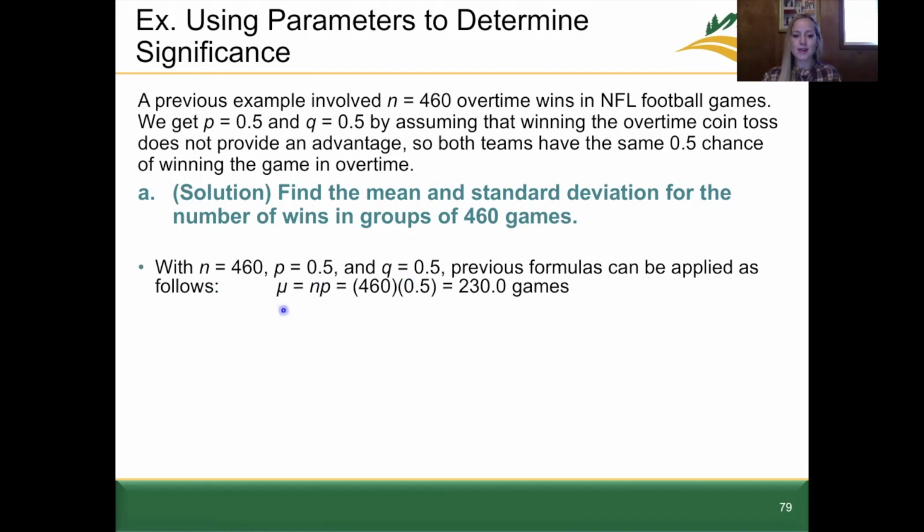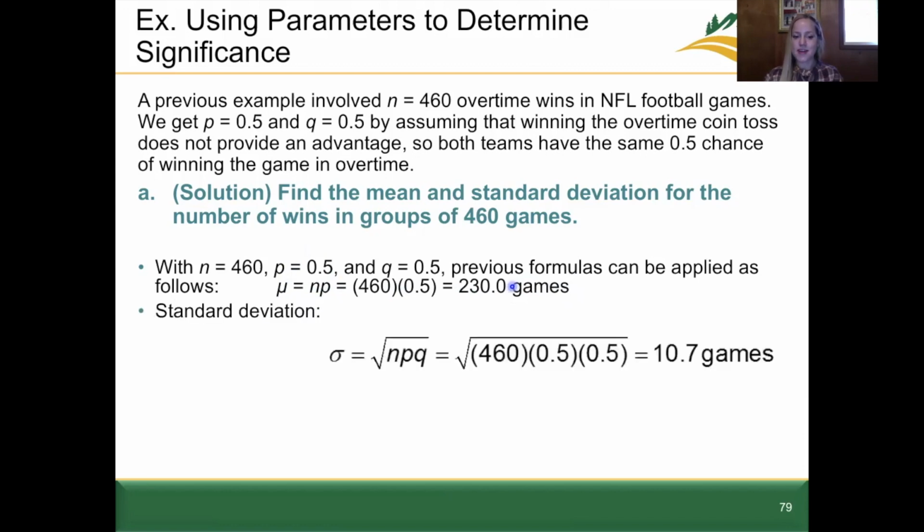Then all we need to know for our mean value is the number of trials n and our p value, where p represents the probability of success in one of the trials. So our mean value here, 460 multiplied by 0.5, is 230.0 games. See that the unit was included here for the mean. So the unit is the number of games.